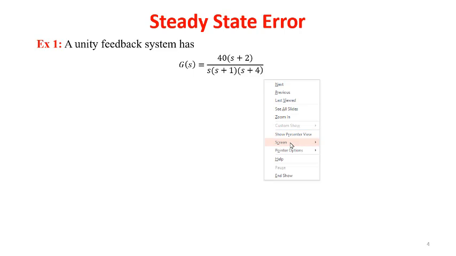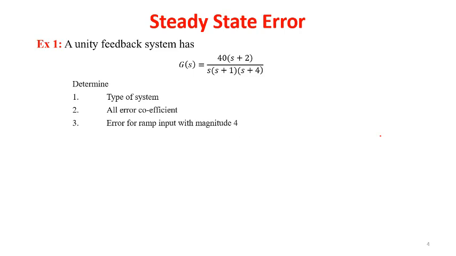For the given unit feedback system, we need to determine first the type of system, second all the error coefficients, and third the error for a ramp input with the magnitude 4.